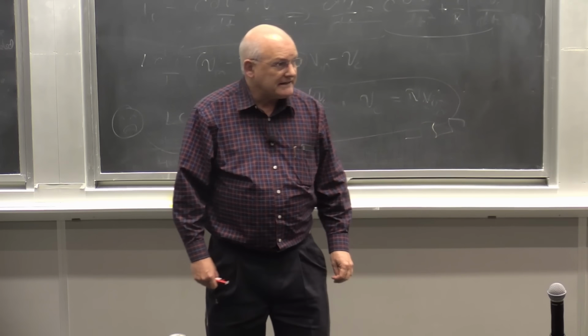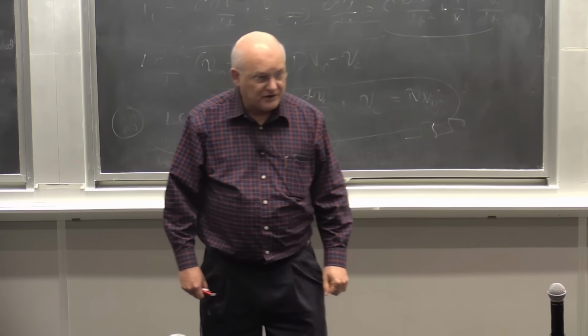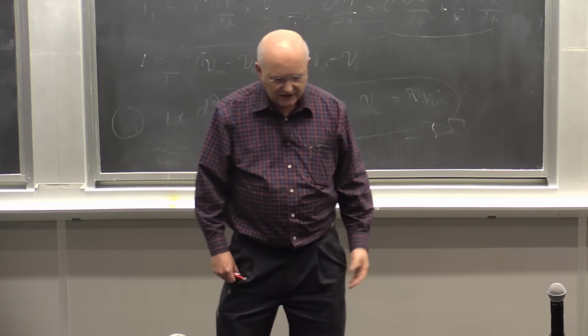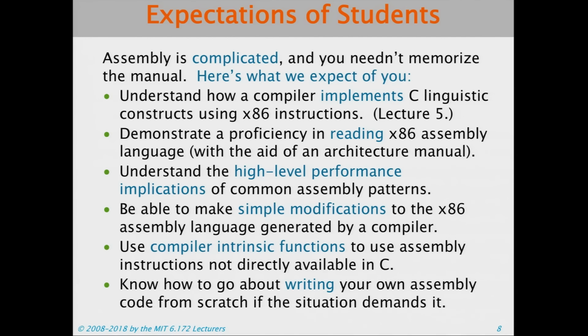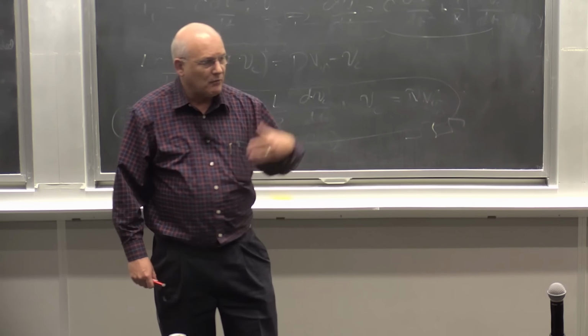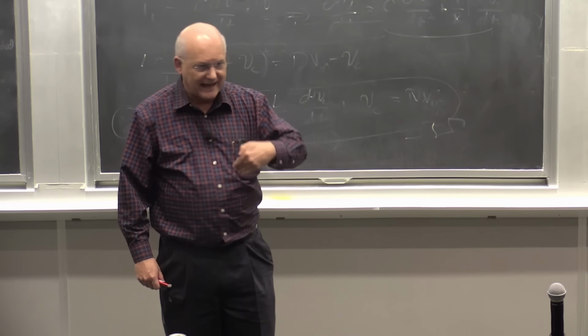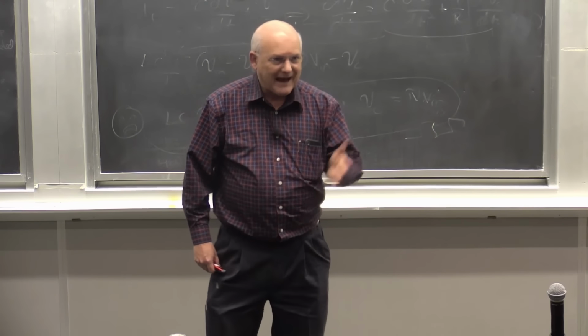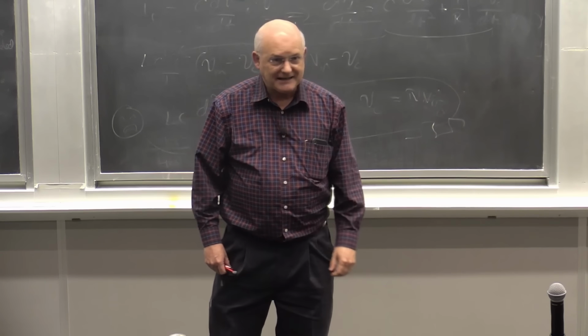If you do write in assembly, typically what we'd use is a bunch of compiler intrinsic functions, so-called built-ins, that allow you to use the assembly language instructions. And after we've done this, you should be able to write code from scratch if the situation demands it sometime in the future. We won't do that in this class, but we expect that you will be in a position to do that. You should get a mastery to the level where that would not be impossible for you to do.